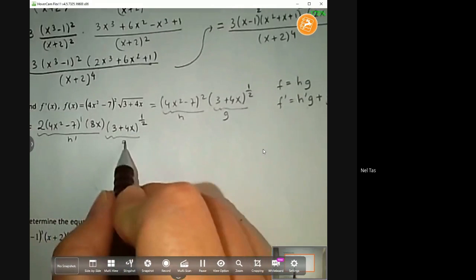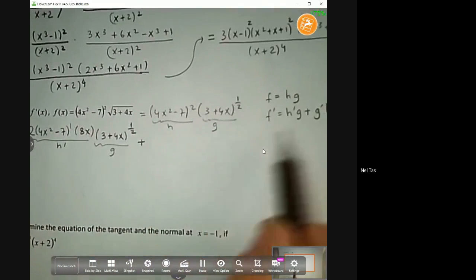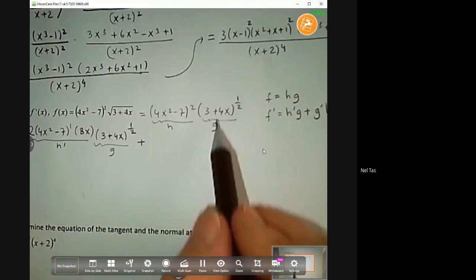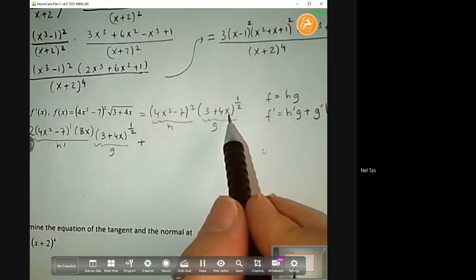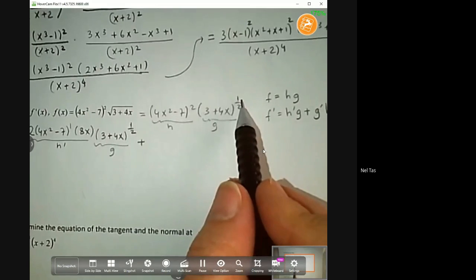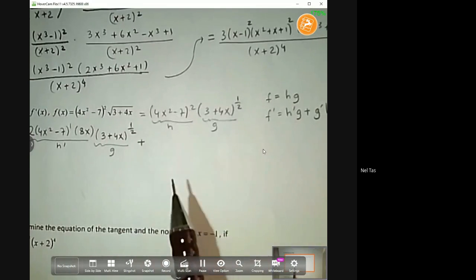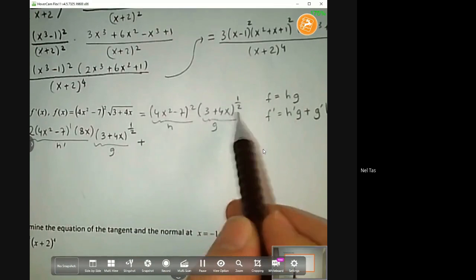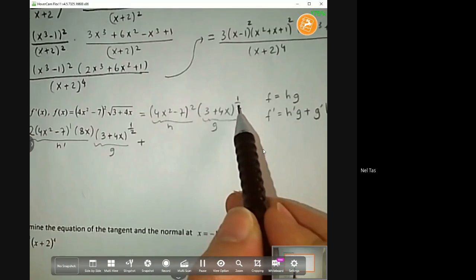So now we multiply it by g, which is 3 plus 4x to the power of 1 over 2. That is your g, plus g prime. We are going to take the derivative of 3 plus 4x to the power of 1 over 2. Again, we will have to apply the chain rule because this has a power of power.